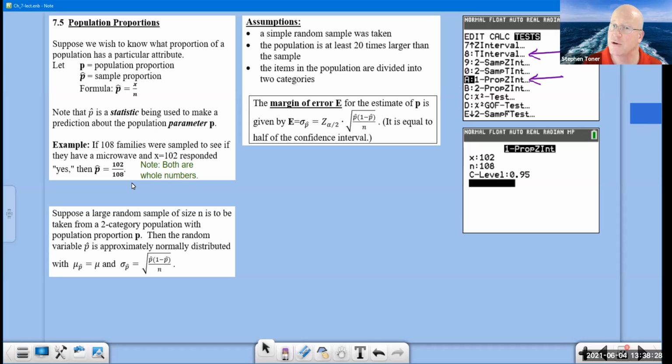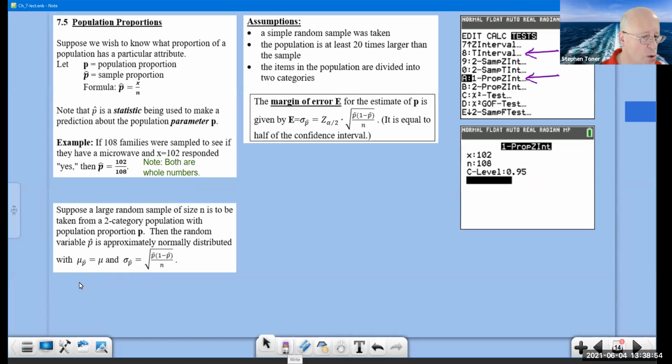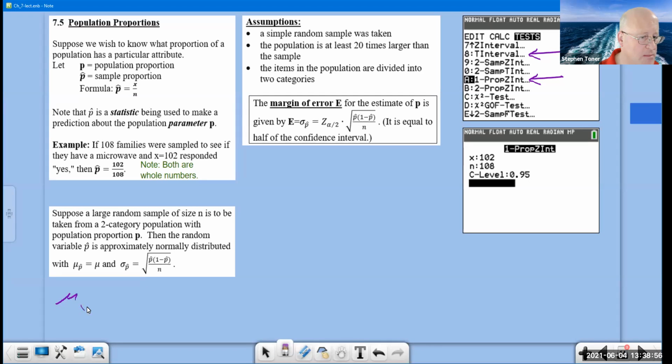Now, I call that to your attention because that will be a part of something later on where you have to sometimes massage your data and go back and reconstruct what those values of x and n were. Now, in the next paragraph, I have the central limit theorem applied to the proportions. You are used to mu subscript x-bar equals mu.